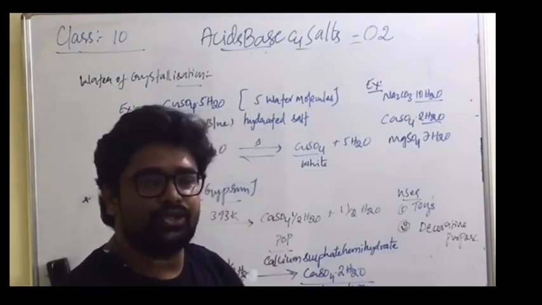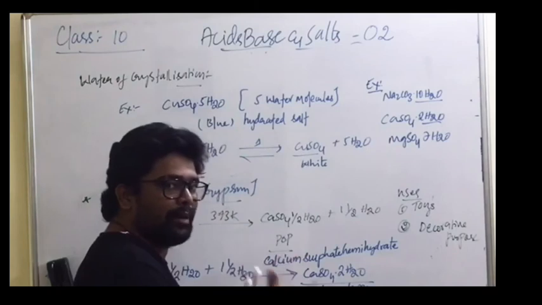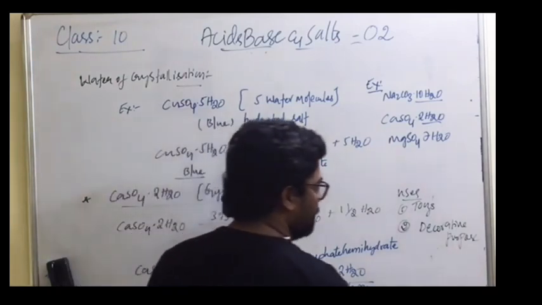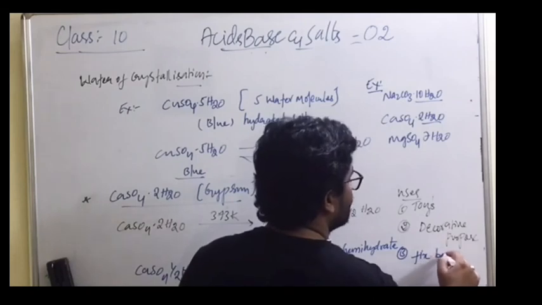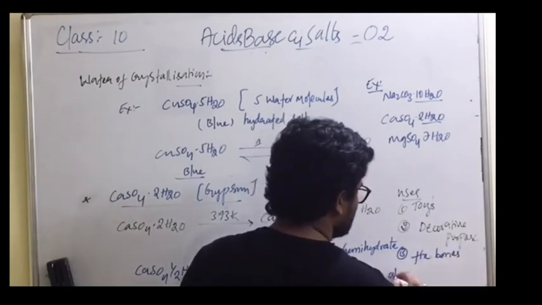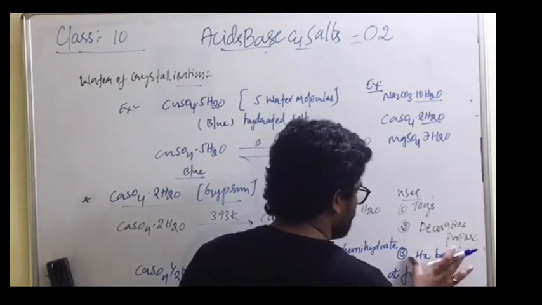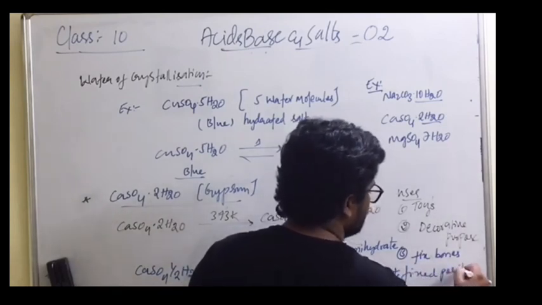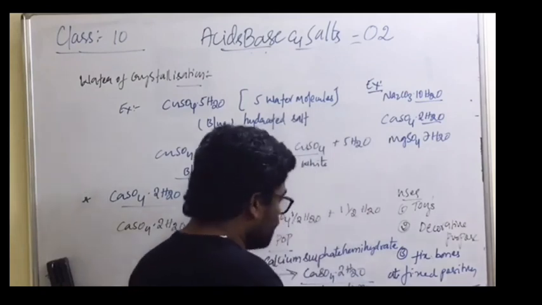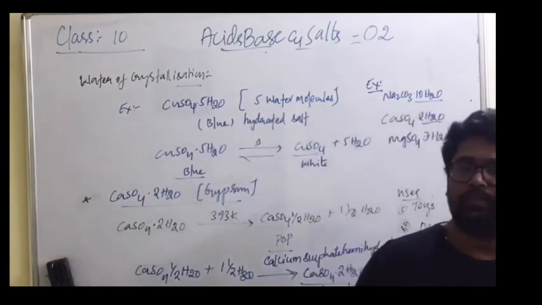What does he apply to us? A plaster. That is nothing but POP. It is used by doctors to fix bones at fixed positions. So these are the uses of plaster of Paris.